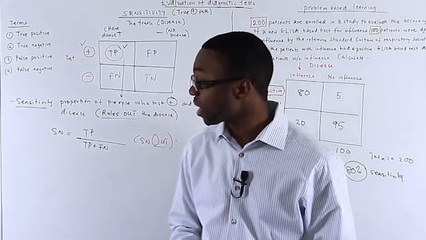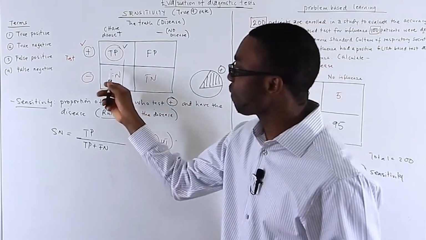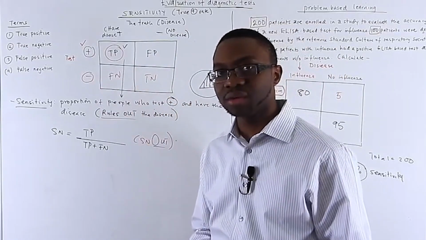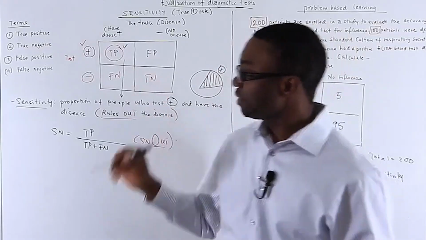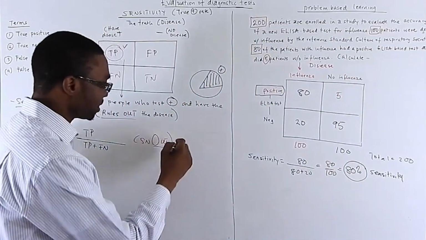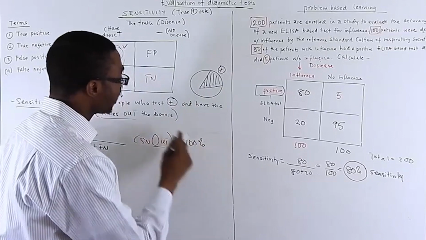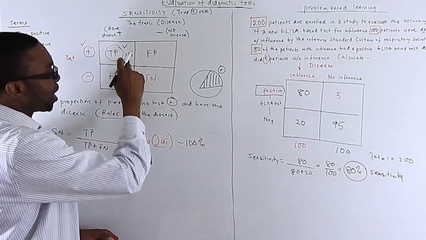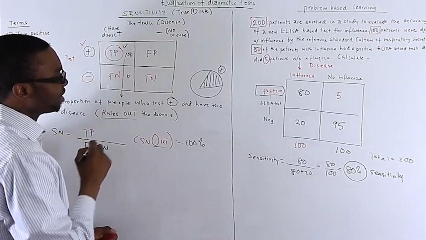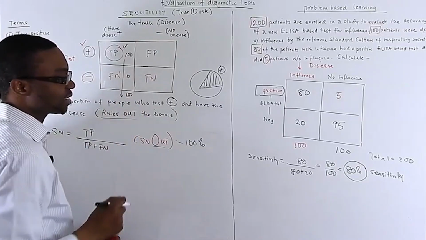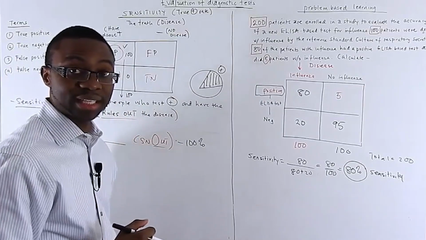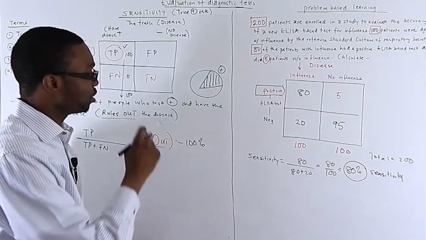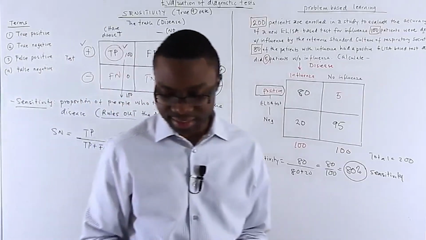Now, in order for that to happen, we have to have a false negative rate of 0. What does that mean? Well, if a test is 100% sensitive, in order for that to happen on this 2 by 2 table, it has to be 100 true positive, 0 false negative, which gives us a 100% sensitivity rate for a test to be able to determine a disease.